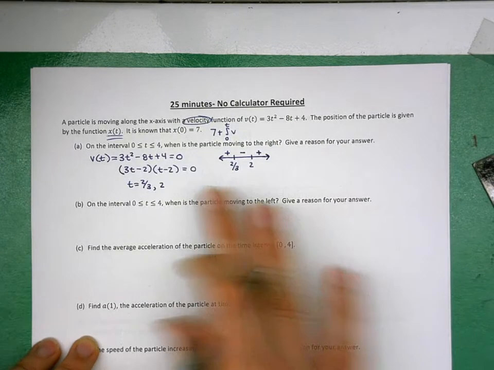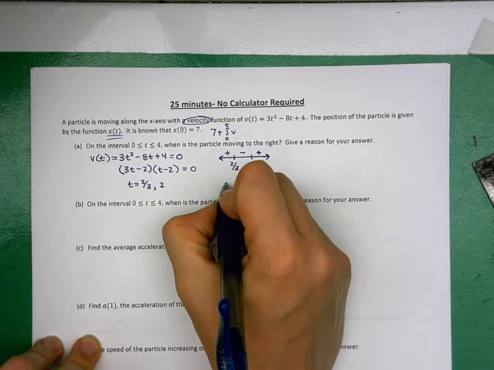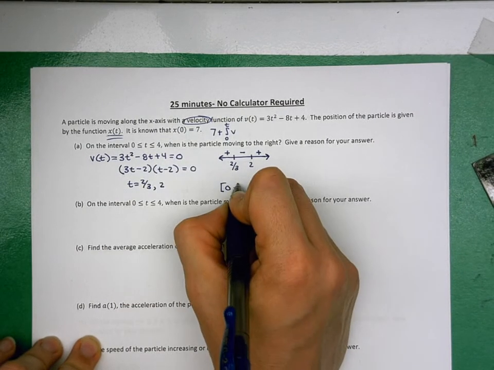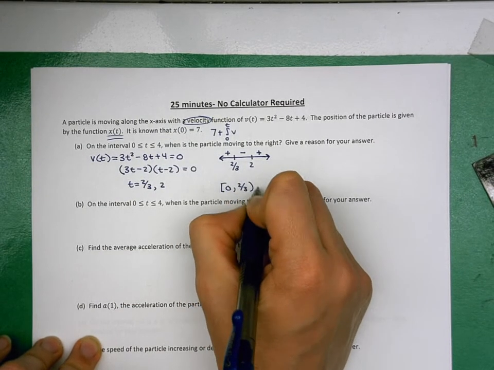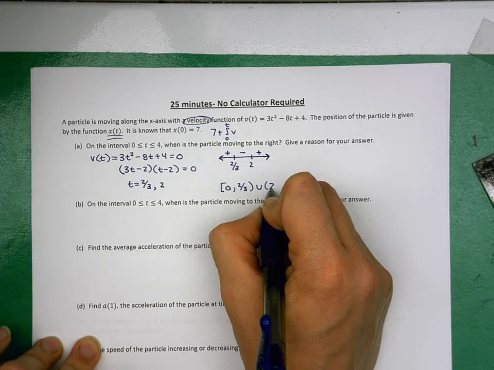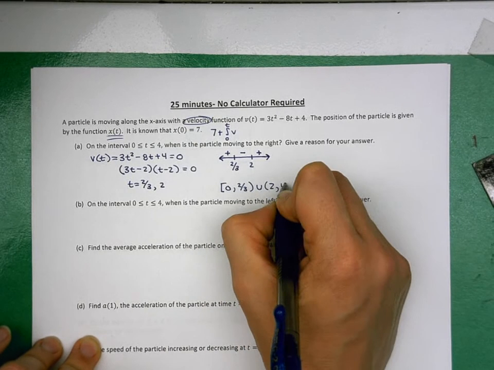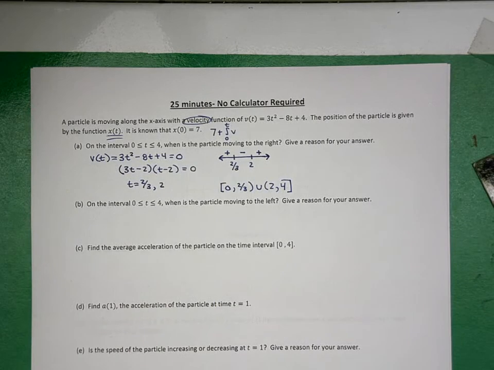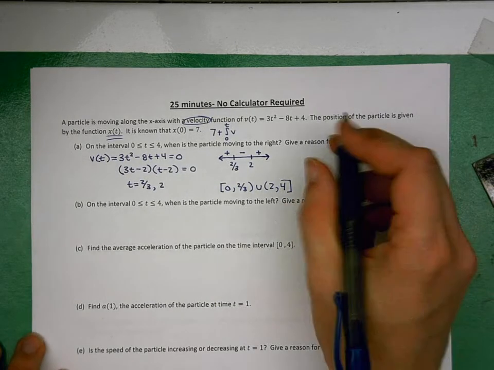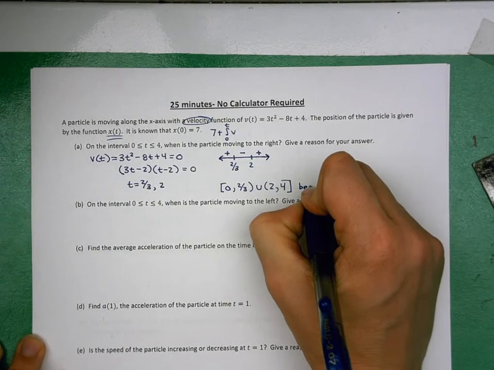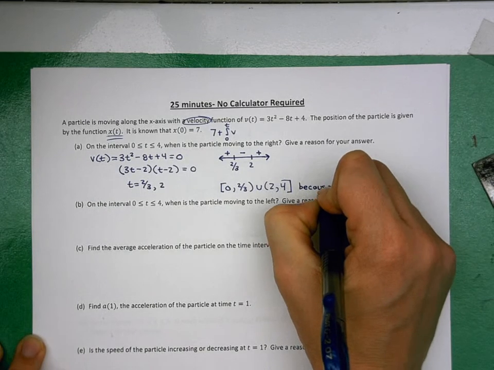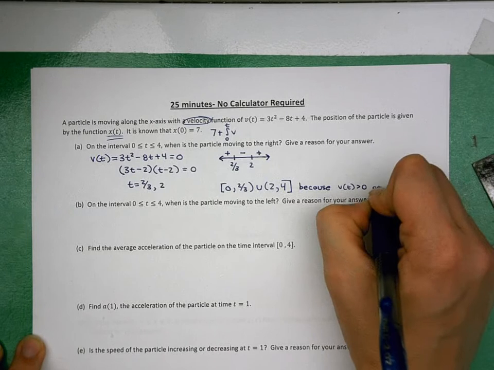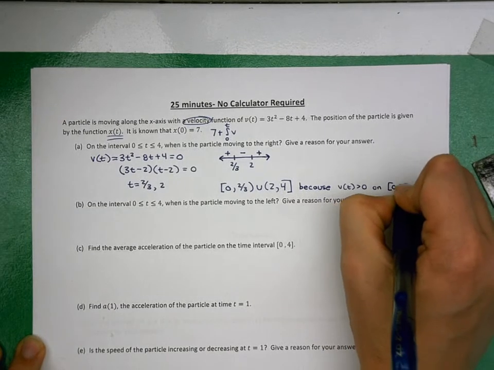And so in this case, my particle is moving right from 0, which is the start of my interval, to 2/3, and then again from 2 the rest of the way to 4. Okay. And then give a reason for your answer: because v of t is positive on those intervals.